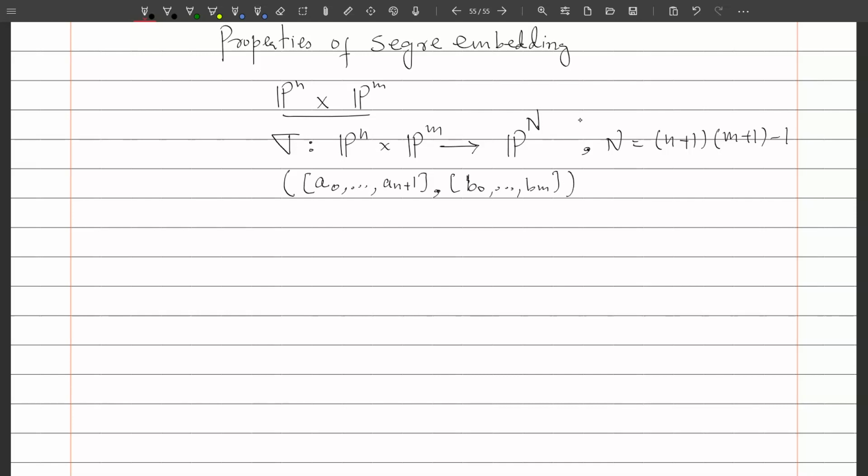It takes this tuple to the vector aibj, where i goes from 0 to n and j goes from 0 to m. This sigma is called the Segre embedding.